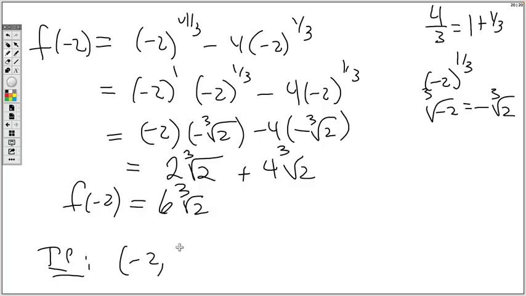I've got -2, 6 cube root of 2, and 0, 0. So I get 2 inflection points. Okay. Any questions on the algebra there? And there's another one on another video where we go through that cube root. There's a cube root function on there. Was on a video from Monday as well. You go through with that parameter A.